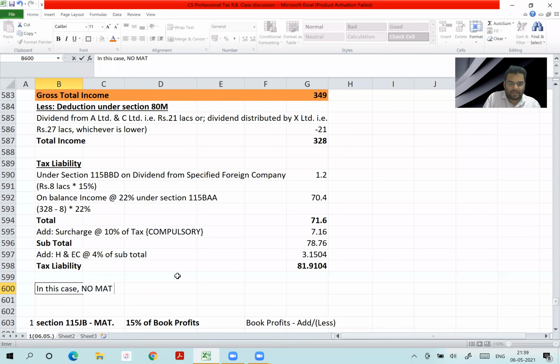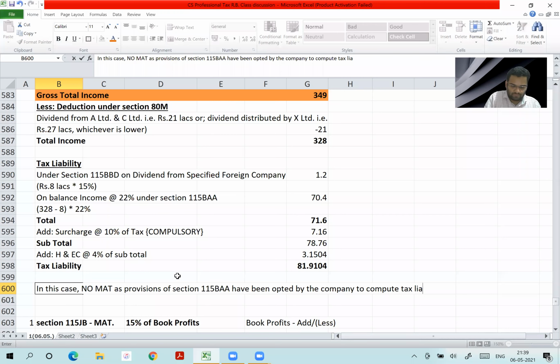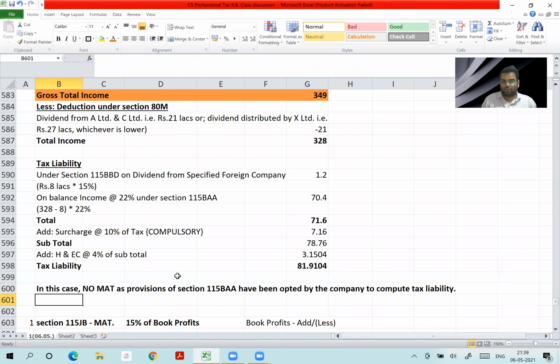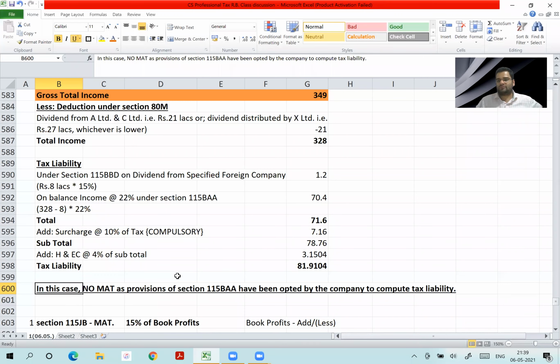Because provisions of section 115BAA have been opted by the company to compute tax liability. Yes or no? So no assumption is required. 115BAA is there, so there is no question of MAT. Are you happy? Are you satisfied? Did you understand?